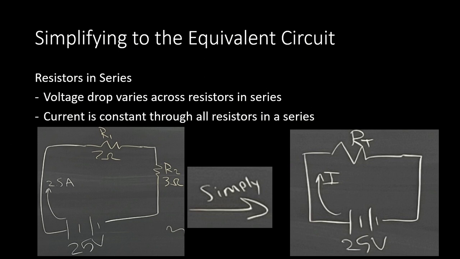The key for any kind of complex circuit is to simplify it to its equivalent circuit, which means simplifying all those resistors to just one resistor.